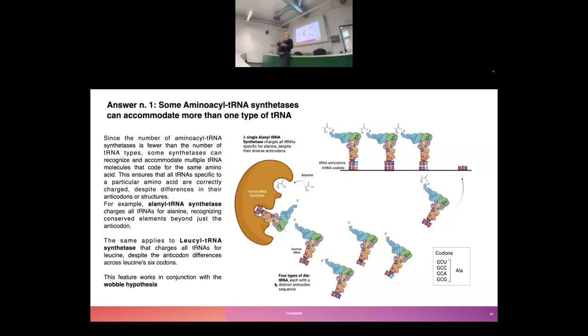By the way, the third position looking at the mRNA sequence is the first one of the anticodon, because they are anti-parallel. Okay? So in this case, the 4 codons for alanine will interact with the same alanyl tRNA synthase.